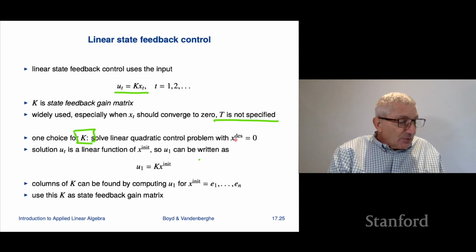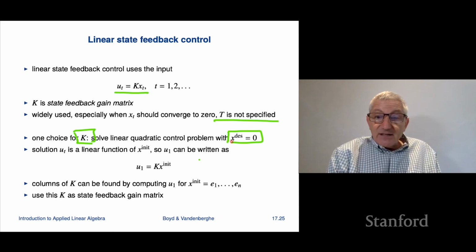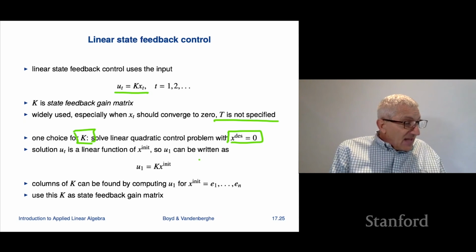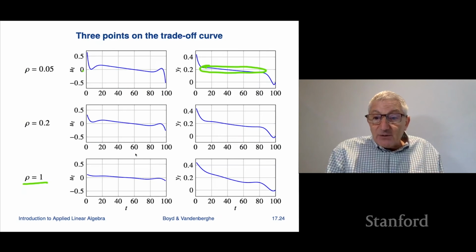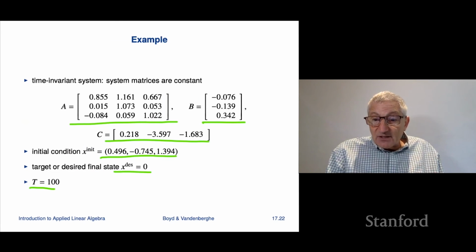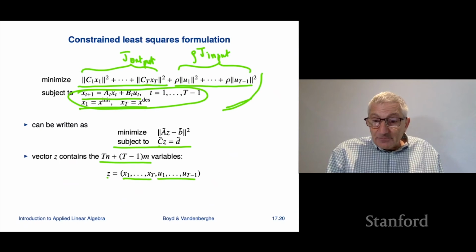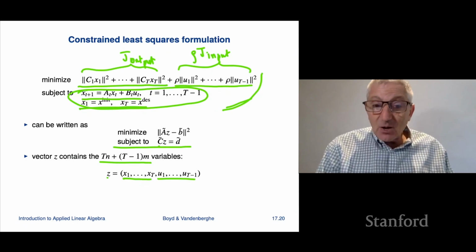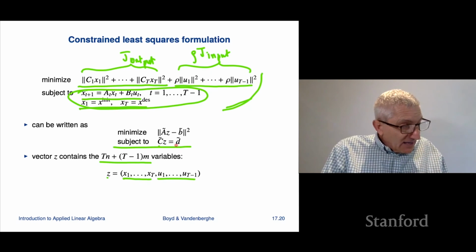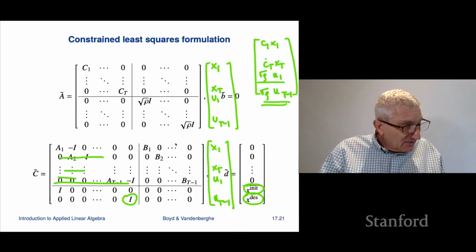That's this. What we'll do is set x desired equals 0. And then we observe that ut is a linear function of x init. Let me explain why that is. Let's go back and take a look at that formula. It's right here. x init appears in d tilde. It's that entry right there.